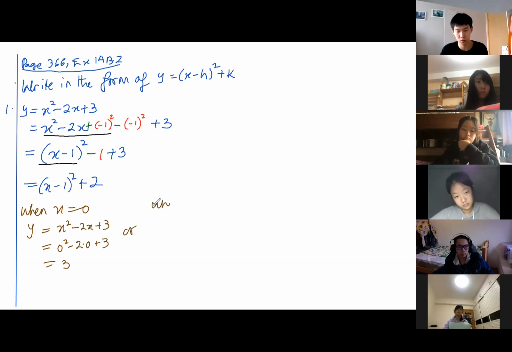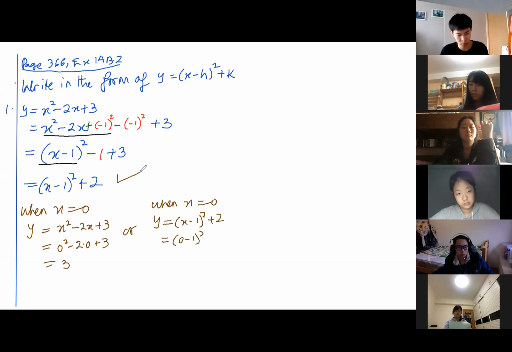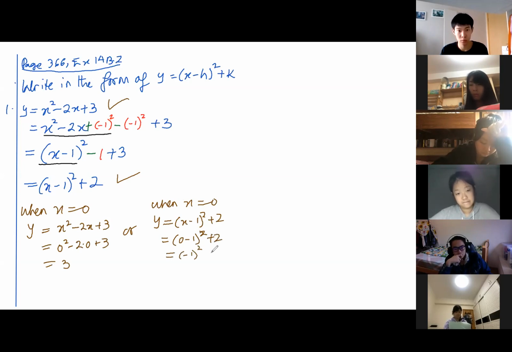Alternatively, when x is equal to 0, y, which is this, is 0 minus 1 squared plus 2. I'm using this form now because they are the same. This and this are the same, right? So this is 0 minus 1, which is minus 1 squared plus 2.